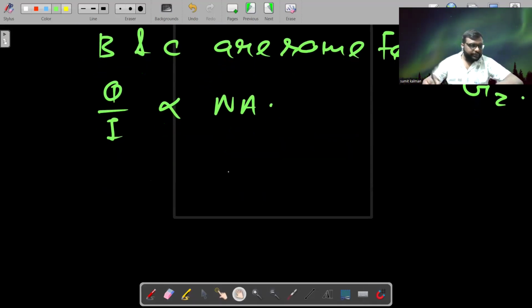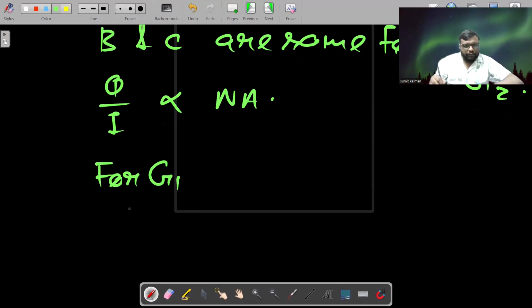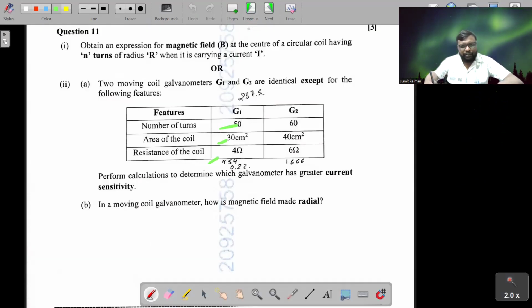So students, first we will calculate for G1, phi upon I, it is proportional to, for G1, number of turns is 50 and area of the coil is 30 centimeter square.